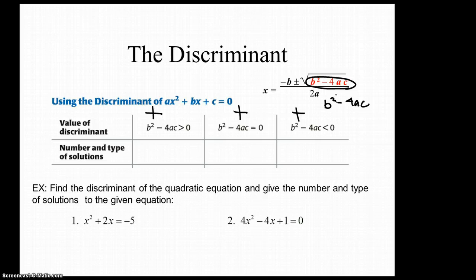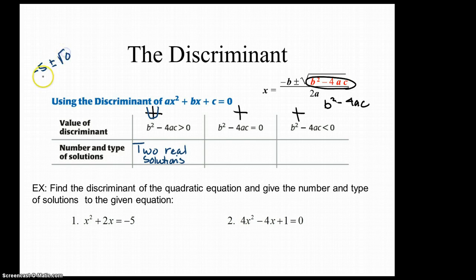So you should have 2 solutions, meaning your graph would touch 2 times. So this would have 2 real solutions.